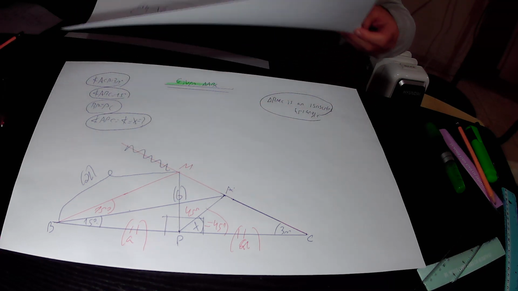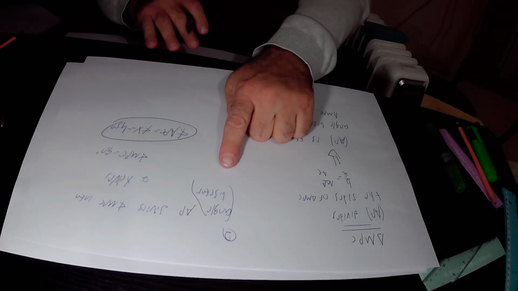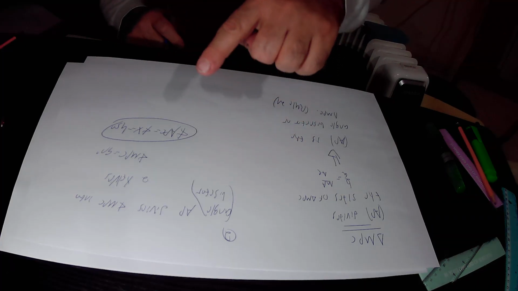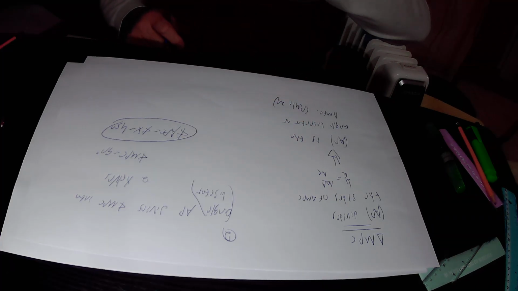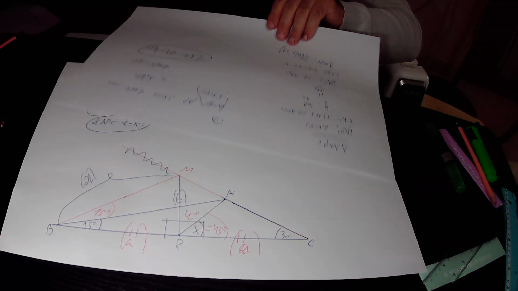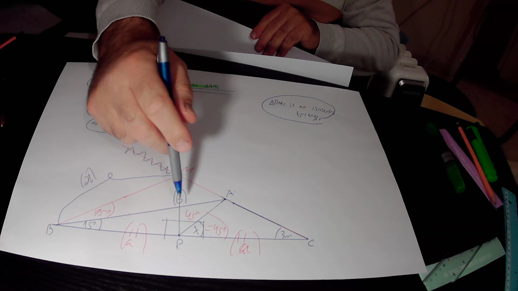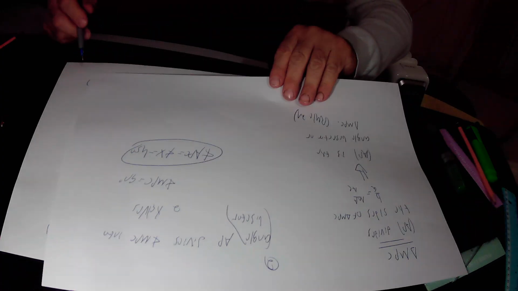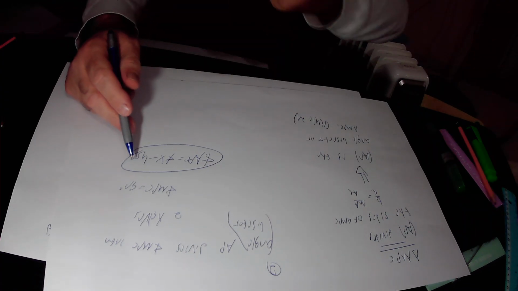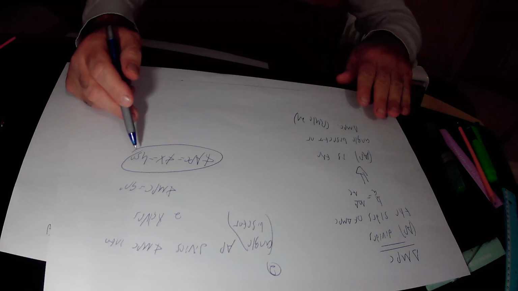So we found out that angle bisector AP divides angle MPC into two halves. But angle MPC is a right angle, therefore each half must be equal to 45 degrees in size.